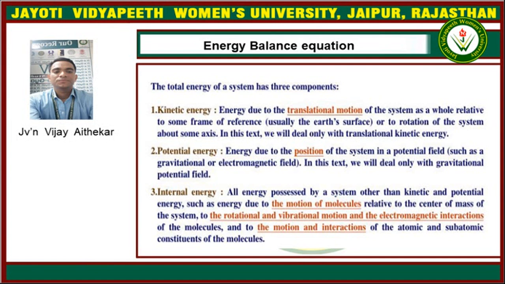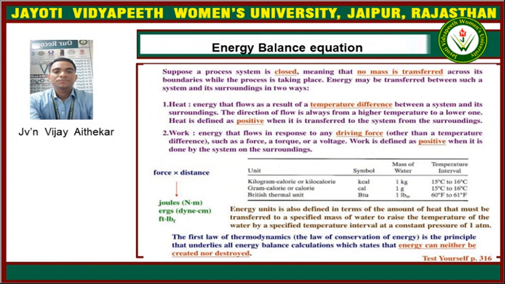Suppose a process is taking place in a closed system, meaning no mass is transferred across the boundary. While the process takes place, energy may be transferred between the system and its surroundings in two ways. First, heat: the energy that flows as the result of a temperature difference between a system and its surroundings.